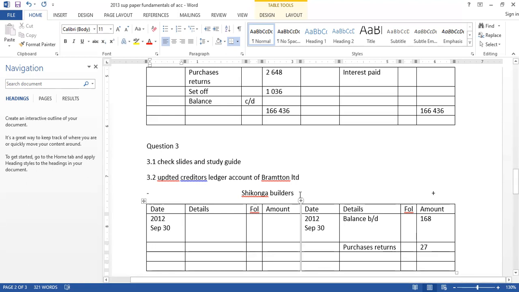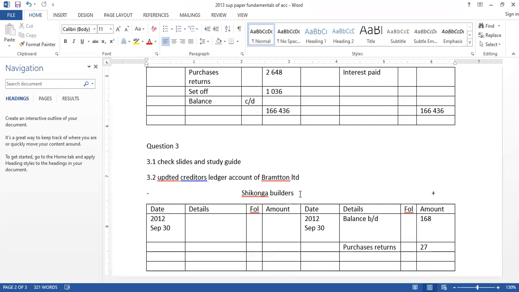So what Chikongo suppliers recorded was that we bought on credit $75, but it was actually not us, it was Brains Ltd. Do you understand now?